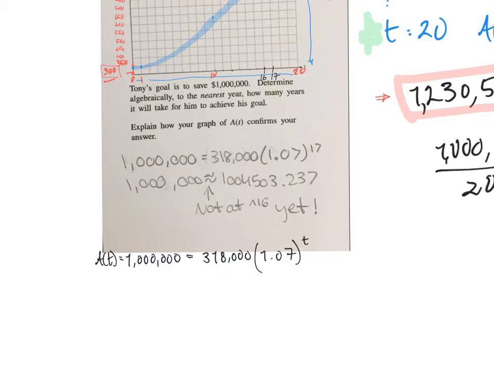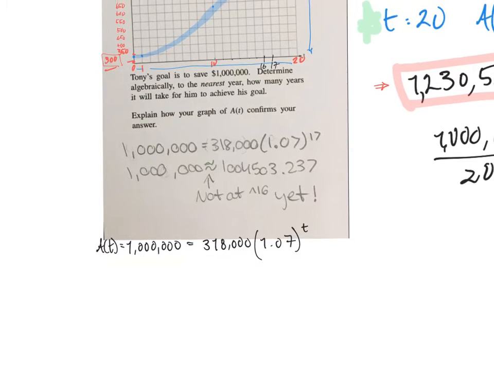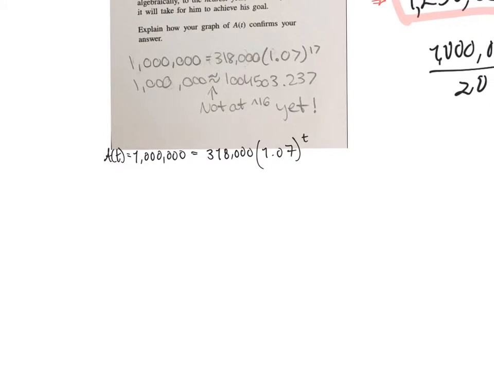Now I don't know if you've learned logarithms yet. I don't know that you have, because you can't solve this algebraically without logarithms. And if you have, then great. But if you haven't, then that's a little bit more of a challenge.